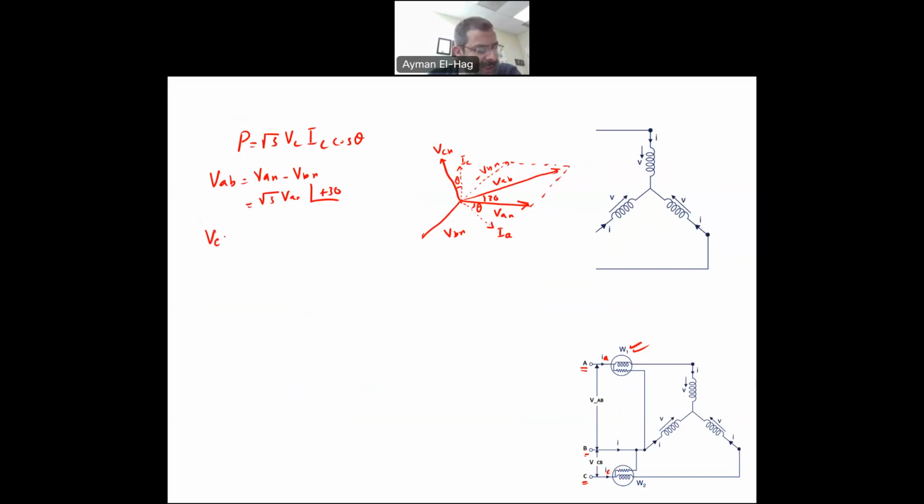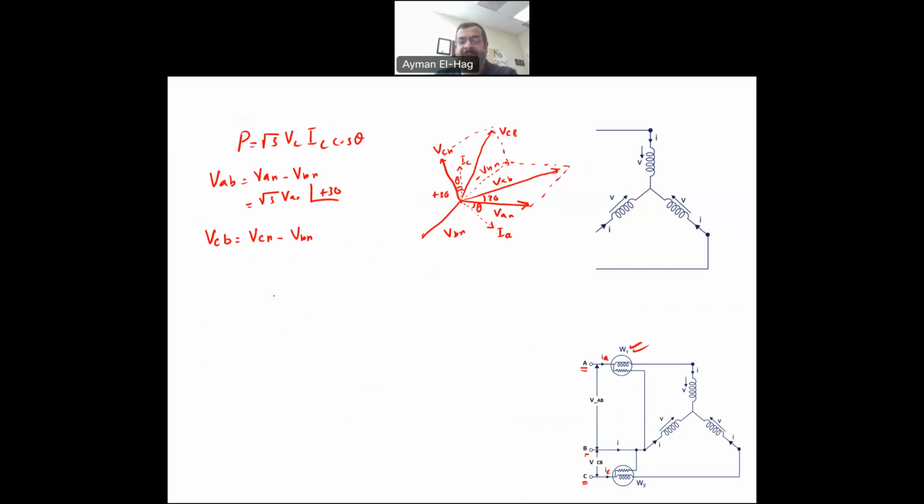VCB is equal to VCN minus VBN. So adding these two together, this will be my VCB. My VCB will have a plus 30 degree angle, so the angle from VCB to VCN is basically 30 degrees.